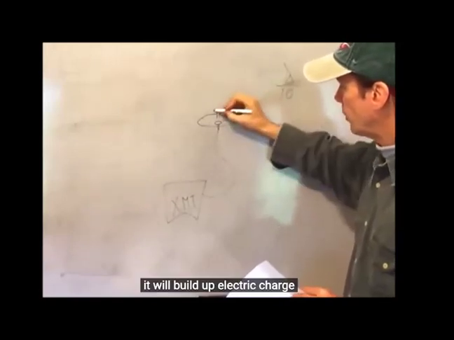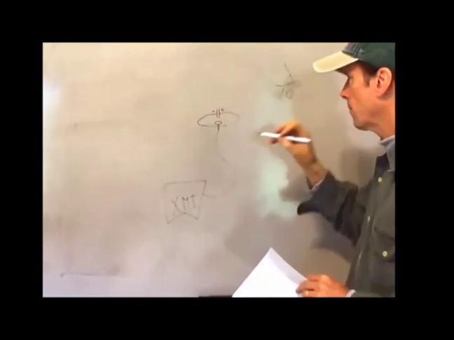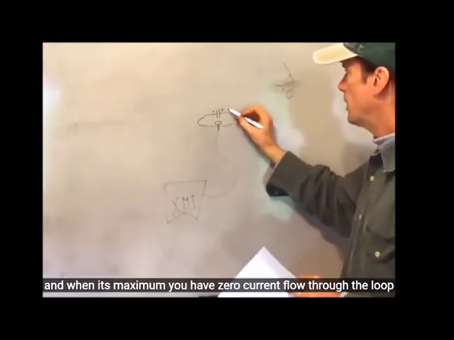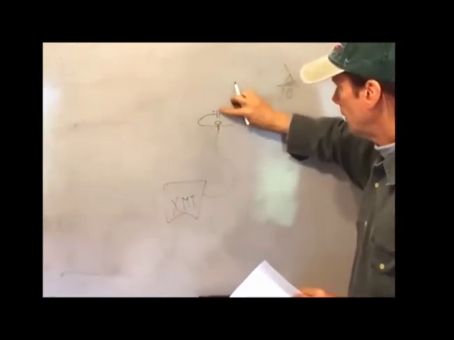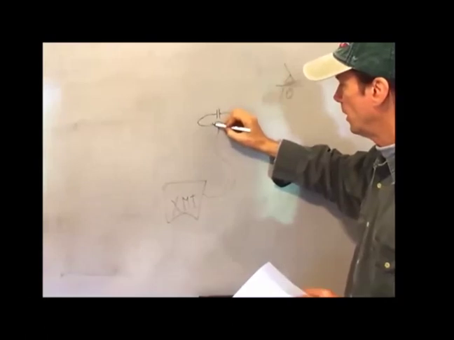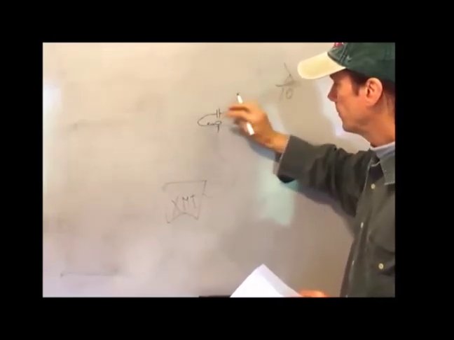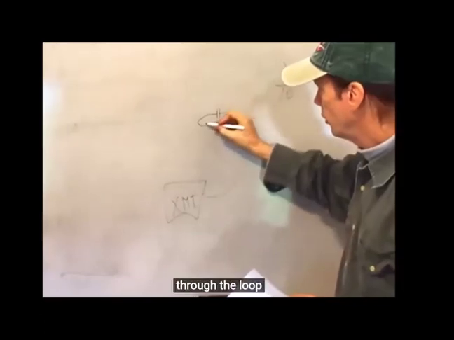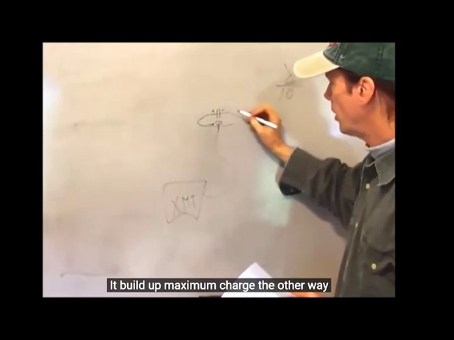You'll build up electric charge on your capacitor, and when it's maximum, you have zero current flow through the loop. And when your charge reduces to zero, then you have maximum current through the loop. And it builds up maximum charge the other way.